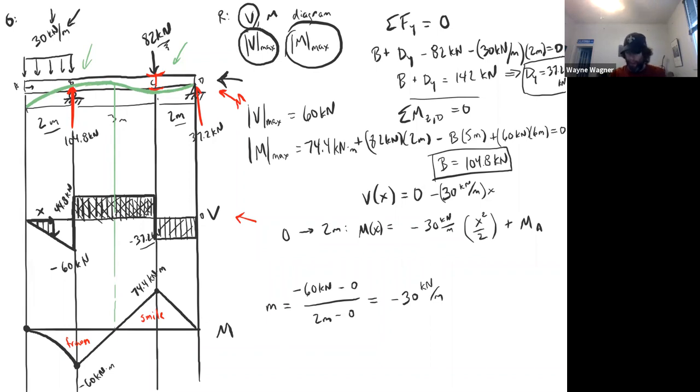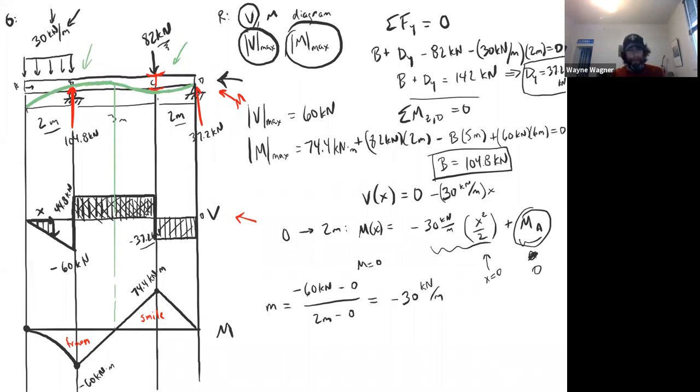So what I'm going to do is plug in x equals 0. That causes this bit to go away, because at x equals 0, the moment at A is 0. So if I plug in x equals 0, sorry, this moment then needs to equal 0. To make that happen, this constant moment here needs to be 0.